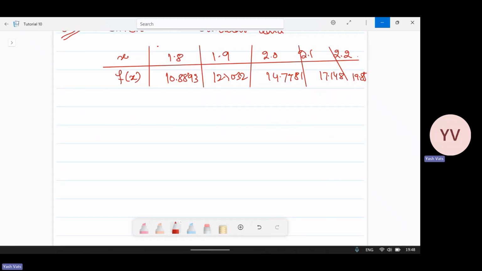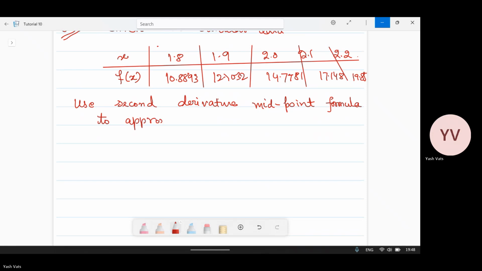Then what you have to do is use the second derivative midpoint formula to approximate f double dash 2 with h is equal to 0.1.